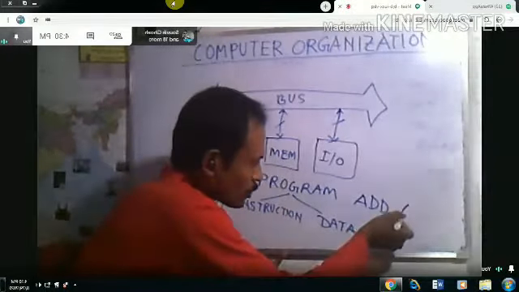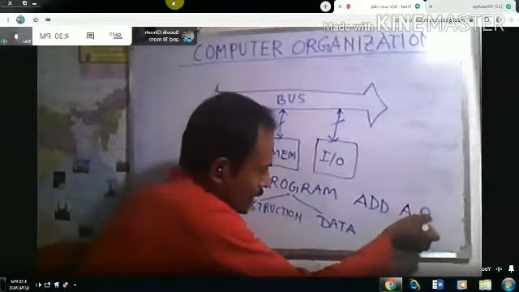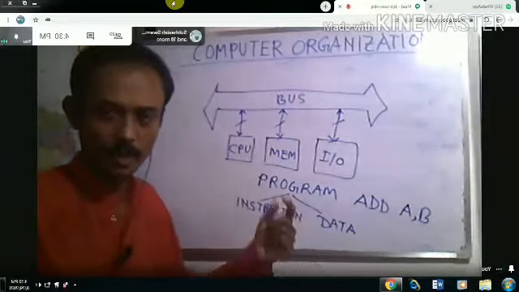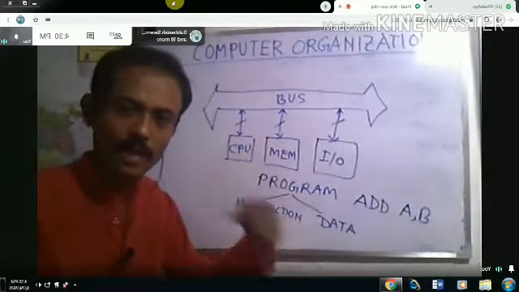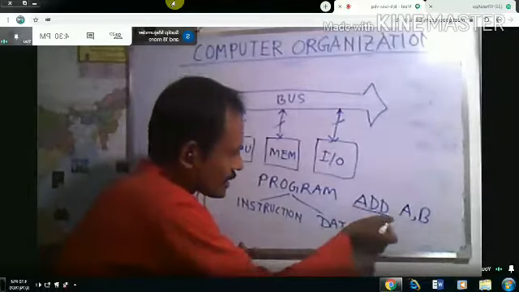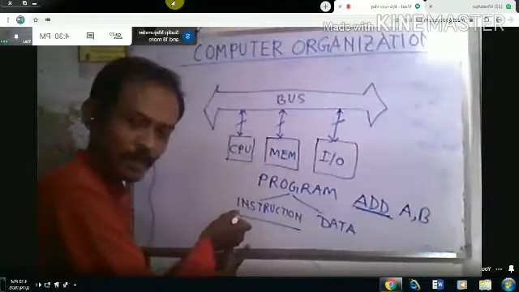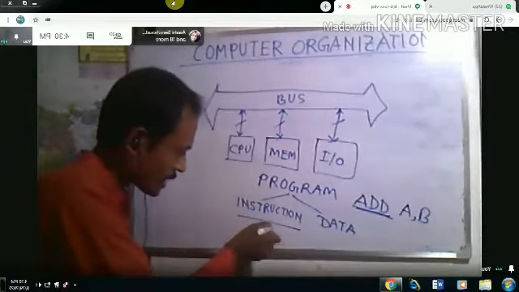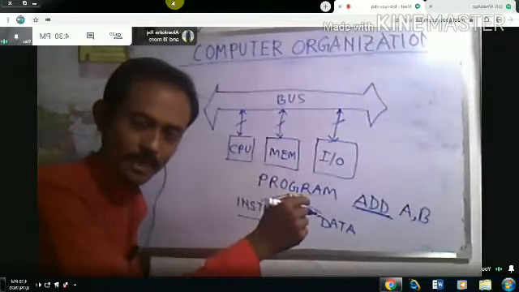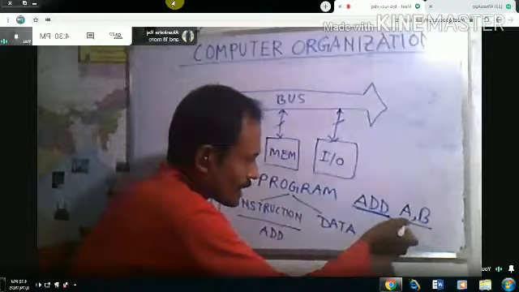So those values may be A and B. That means you are going to add A and B. These are the two data on which you will execute the addition operation. So this add is called the instruction. Your instruction is the addition instruction, and within that instruction there is another part that is called the data part.